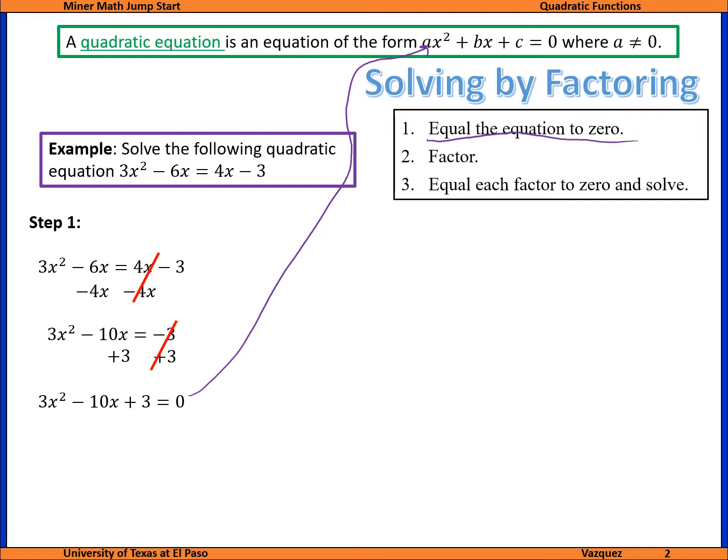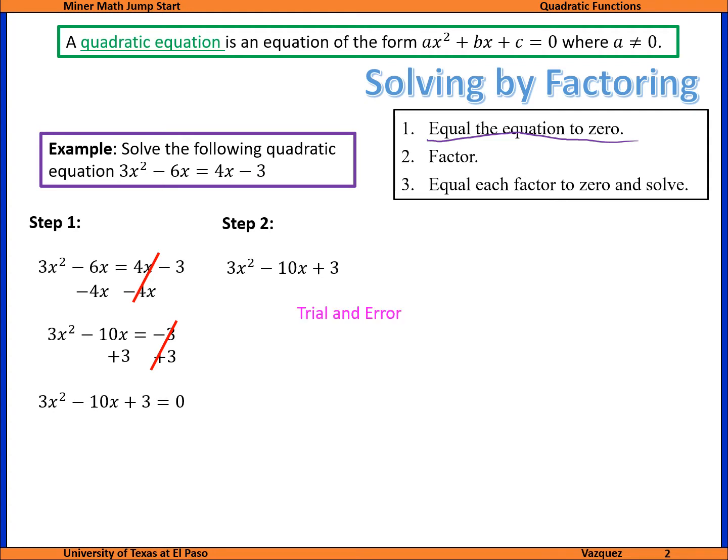Now step 2 is going to be to factor. Just like in a previous section where we were factoring, we're going to do the exact same thing here. We have 3x squared minus 10x plus 3. And if you remember, this is the way I've done it all my life and it's worked.